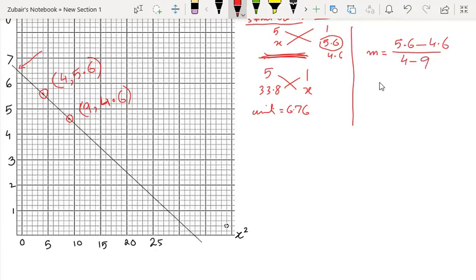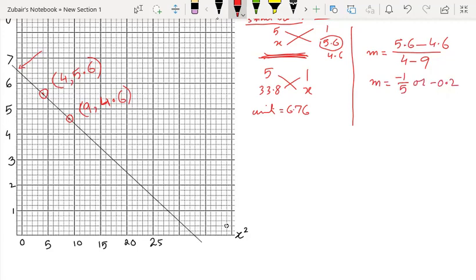So your m is coming as minus 1 upon 5, or you can say minus 0.2.